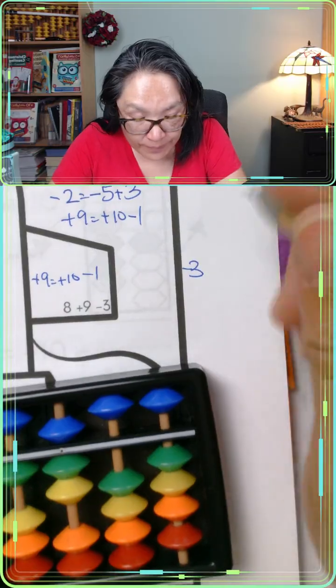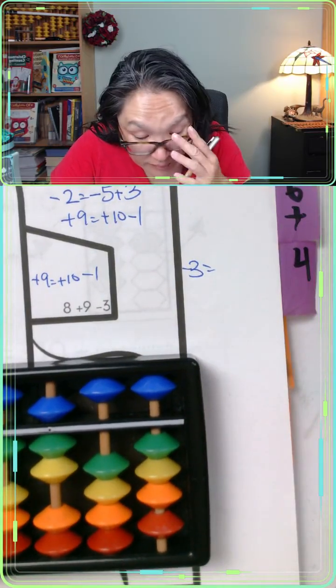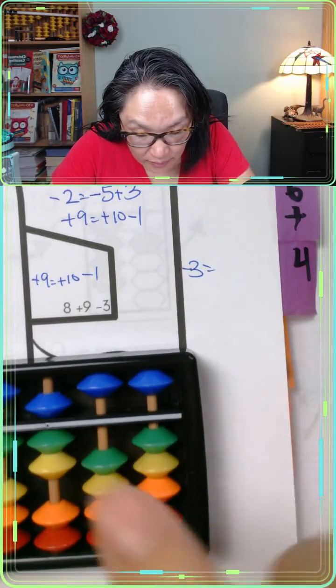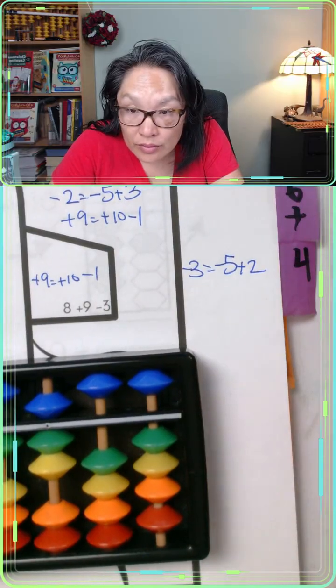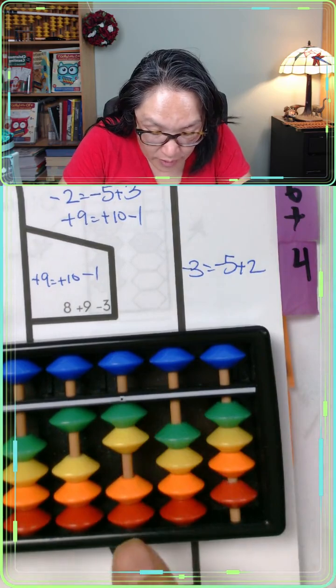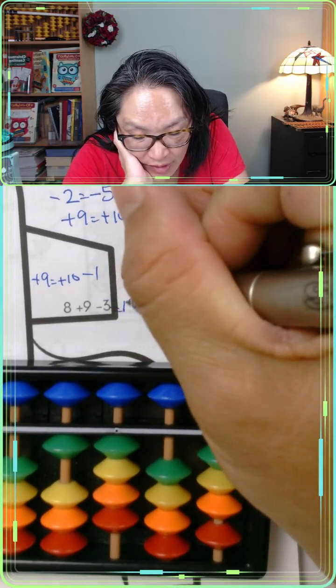Can we take away the 3? Yeah, we can take away the 3. Minus the 5 plus the 2. So my final answer is 14.